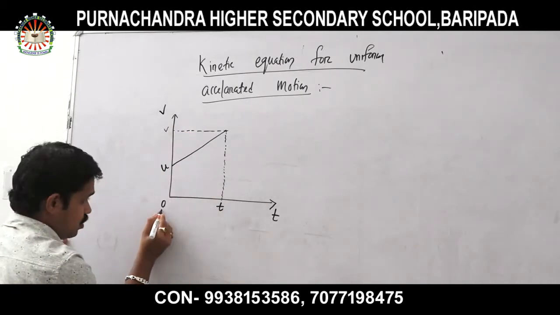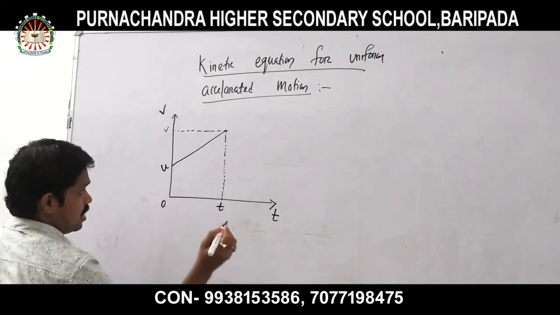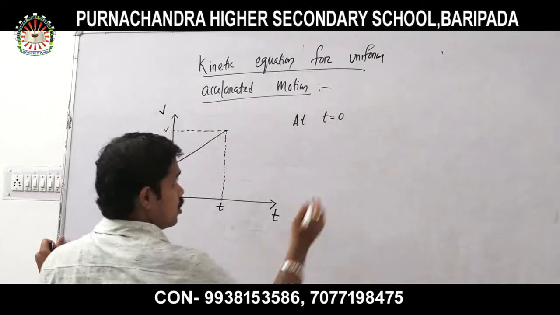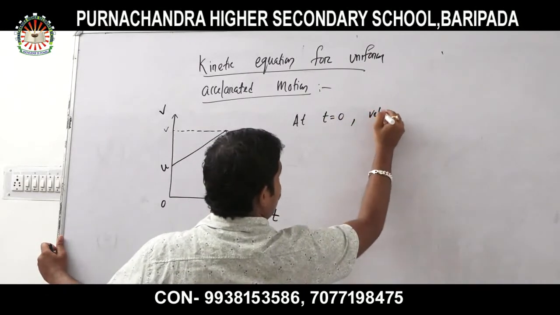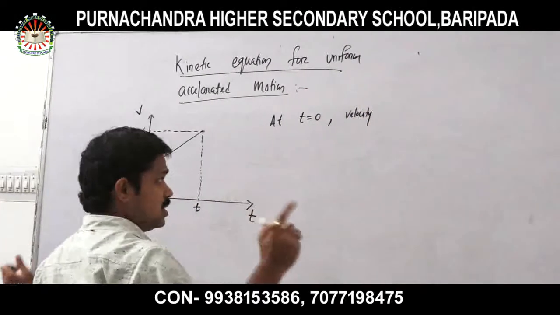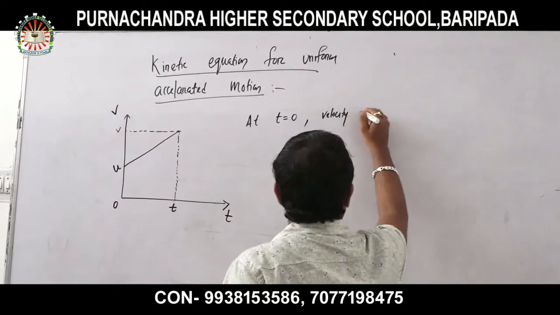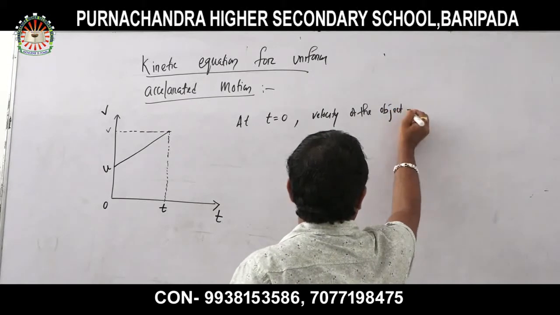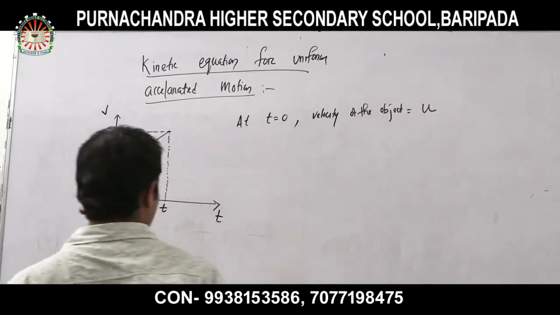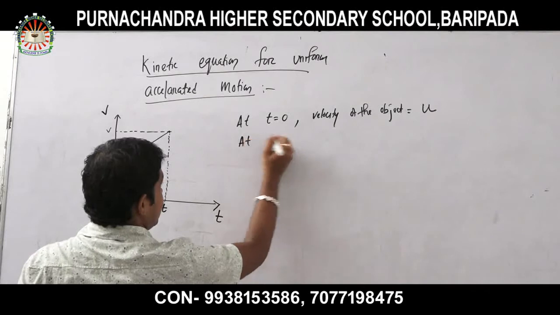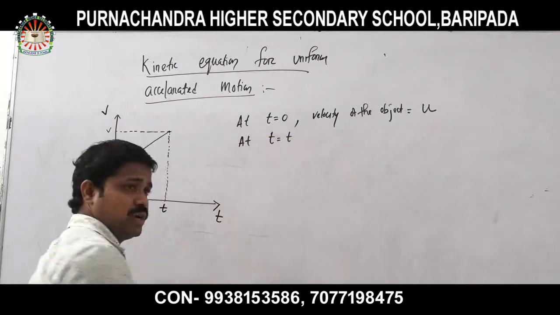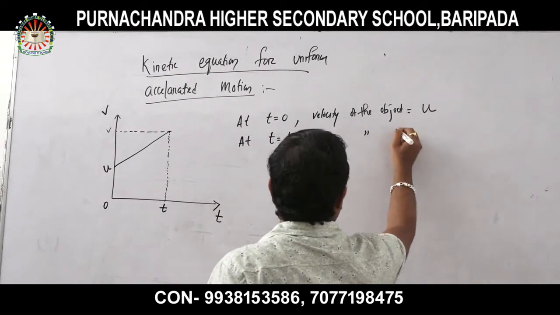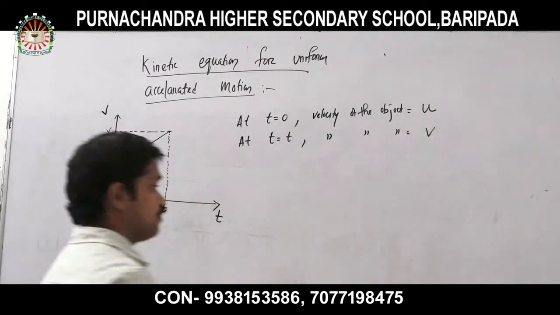At time t equal to 0, the velocity of the object is u. At time t equal to t, the velocity of the object becomes v.